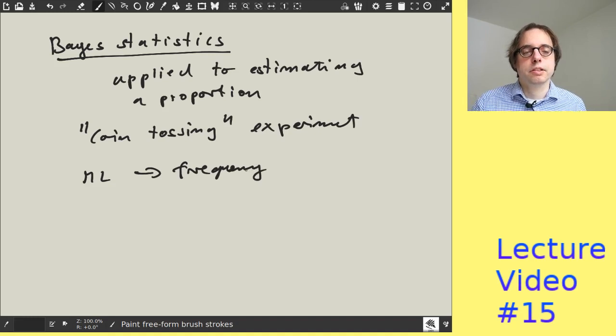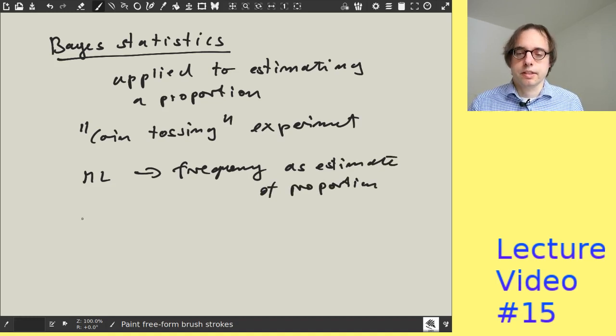You count the number of heads and the number of tails, and then you divide the number of heads by the total number of events, and then you get the frequency of the heads, and this is actually the maximum likelihood estimate of the probability of a head, as an estimate of the proportion. So that was the ML.